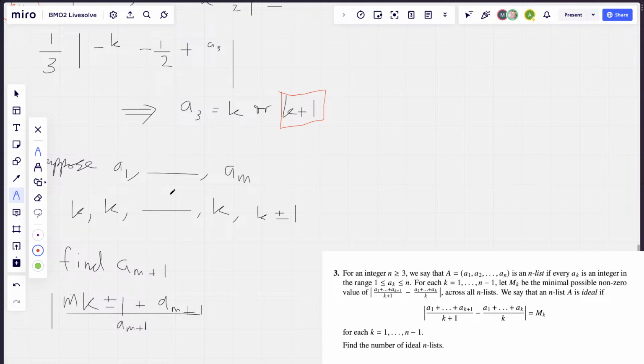So obviously this cancels with this. So am plus 1 minus, I guess that's mk plus or minus 1. And we're minimizing this.